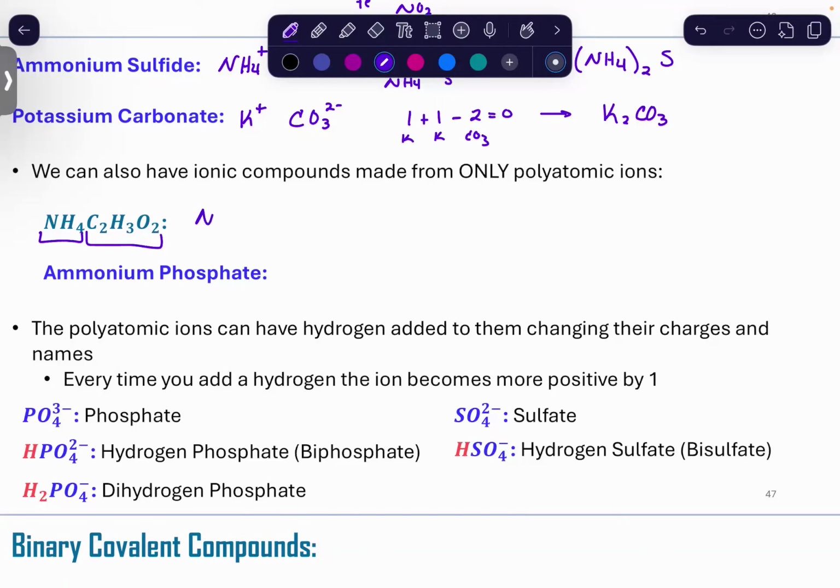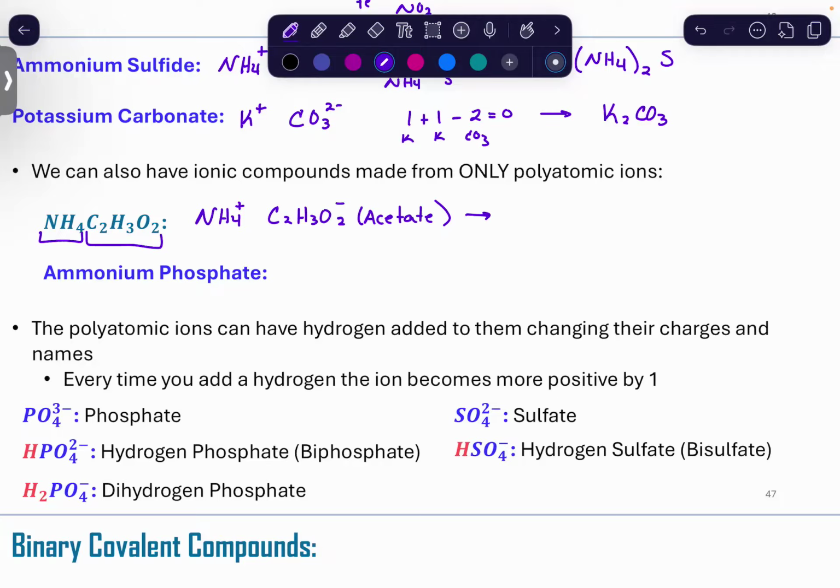So ammonium is a +1. C2H3O2 has a -1 charge. That's your acetate ion. Now we notice that it goes together +1 -1, which helps.